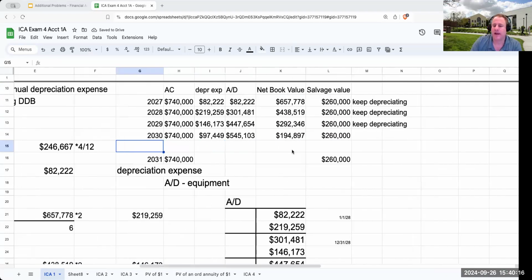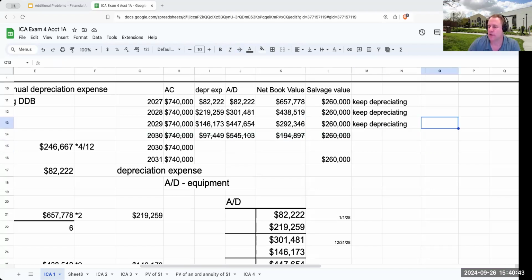The problem I have here is my net book value is greater than my salvage value. So what I'm going to need to do is come over here and say, okay, this is a big no-go, right? This is a big no because we've over depreciated the asset. So what I'm going to do is ask what's the most amount of depreciation I can take.